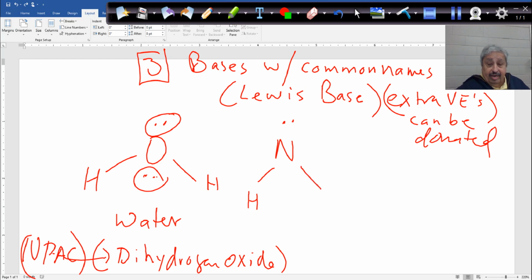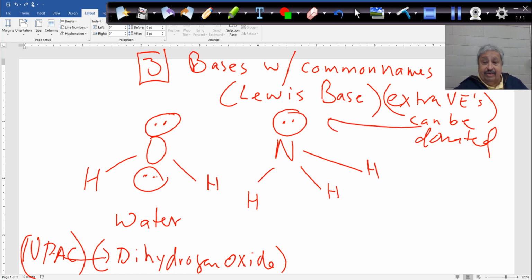So ammonia has extra 2 sets of lone pair. Okay, so ammonia is a base, but we cannot say ammonium hydroxide. I mean, it can connect itself, but ammonia is a base as well. It's a gas base without the hydroxide. See, they have extra.